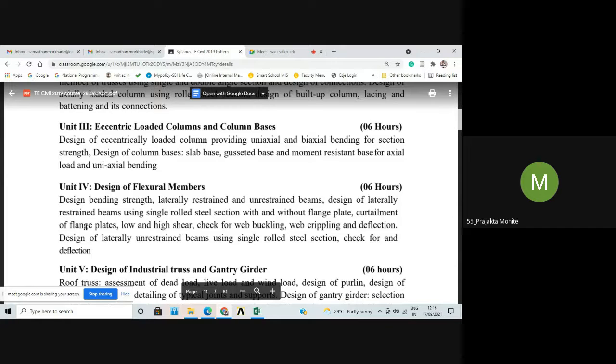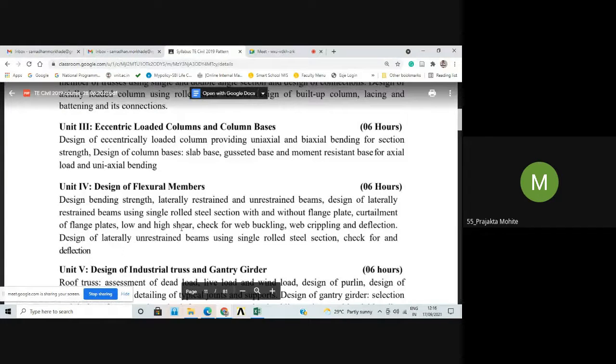Where the bending moment is maximum, we keep the thickness slightly more, and where the bending moment is minimum, we provide the minimum thickness of the flange plate or cover plate. That concept is called curtailment of plates, only to achieve economy.